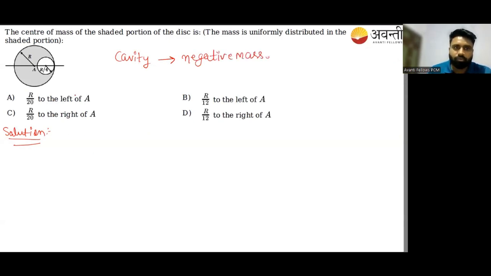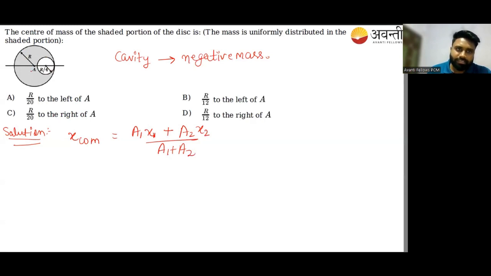Now, what is the formula for center of mass? This is a planar object. So the formula for a planar object is x center of mass equals area of 1 multiplied by x1, the coordinate of the first center of mass, plus a2 x2, divided by a1 plus a2, since here we have two objects only.